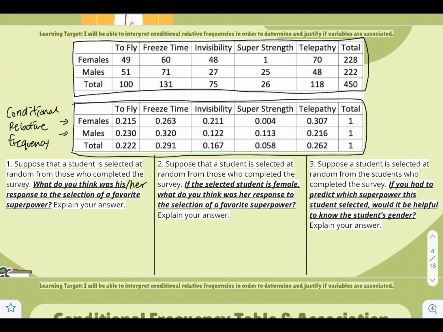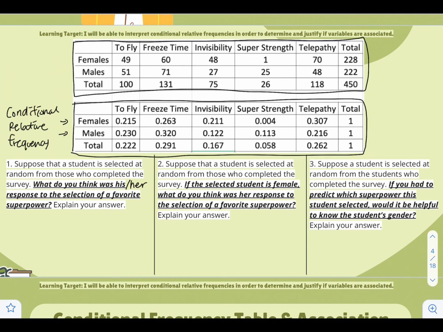All right, so suppose that a student is selected at random from those who completed the survey. What do you think was his or her response to the selection of a favorite superpower? Explain your answer. To answer this question, I'll try to pick the highest number that I can find out from the table. I will go to my frequency table, the first one on the top, and look for the highest number.